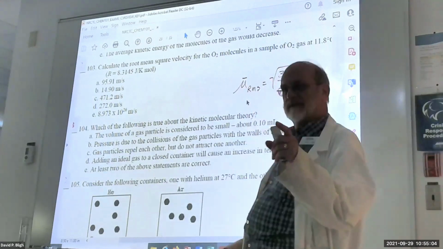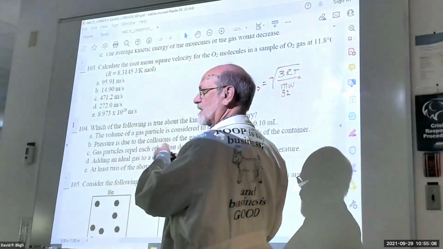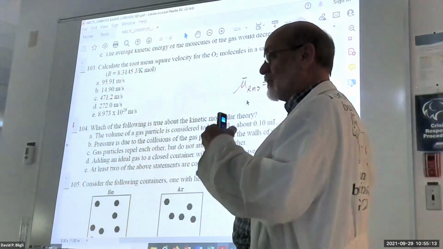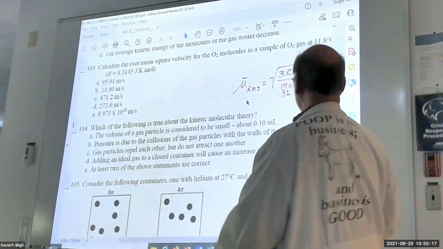Wait a minute. Joules per K mole. What's unique about that? Use the standard units of mass, which is kilograms. So we need this in kilograms.